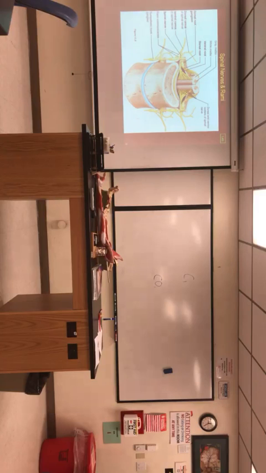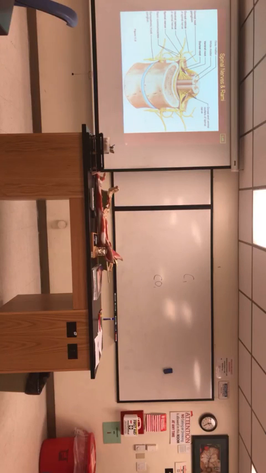Another look at the rami. Here we're actually starting with rootlets. Dorsal rootlets form dorsal root, ventral rootlets form ventral root. The two roots come together to form the spinal nerve. Spinal nerve branches into a dorsal ramus, a ventral ramus, which should be much larger than what they're showing, and then rami communicantes.